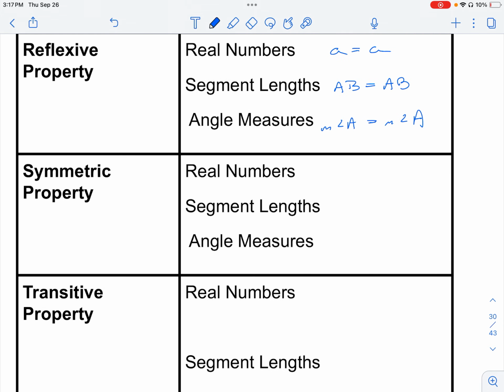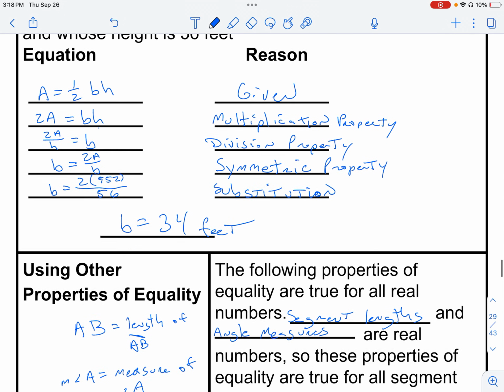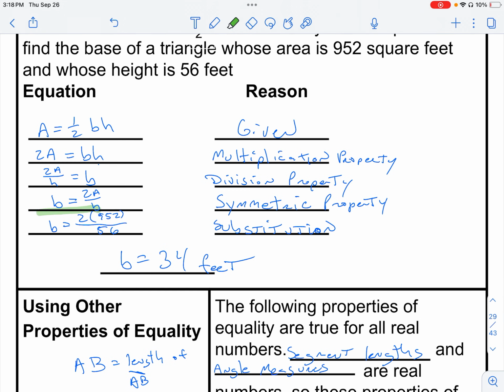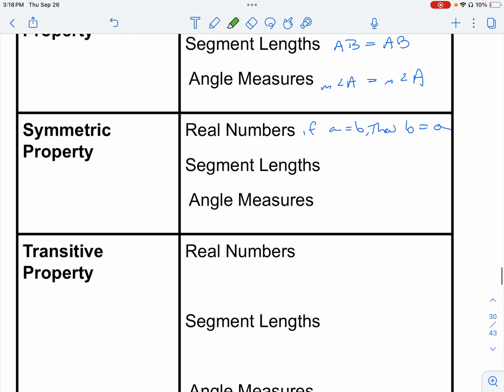The symmetric property is the same in both directions, both coming and going. So if real number A equals real number B, then real number B equals real number A. That's how we can flip around an equation the other way, like we did up here, to get it pointing in the right direction.